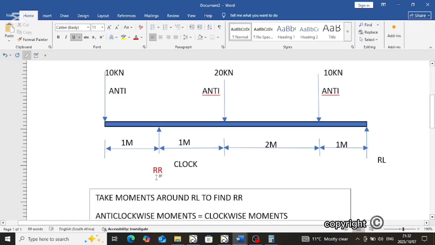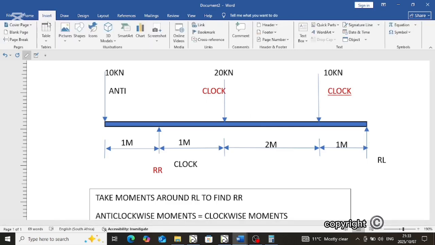So if you check, 10 kilonewton is anti, this one 10 kilonewton is anti. This one is clock and that one is clock. Let me write clock here. Or even this one.